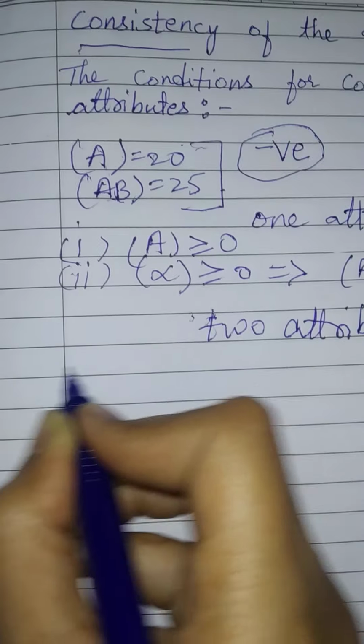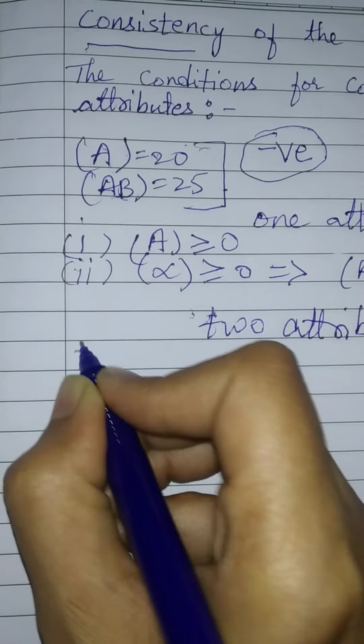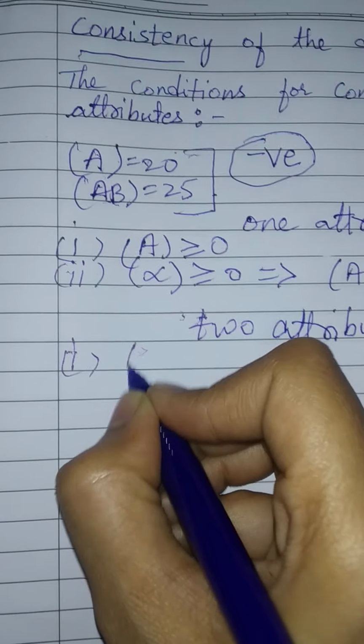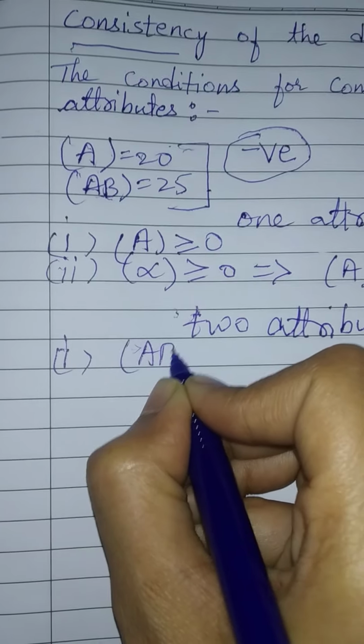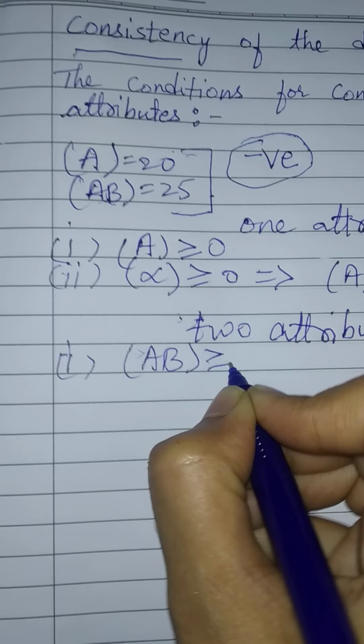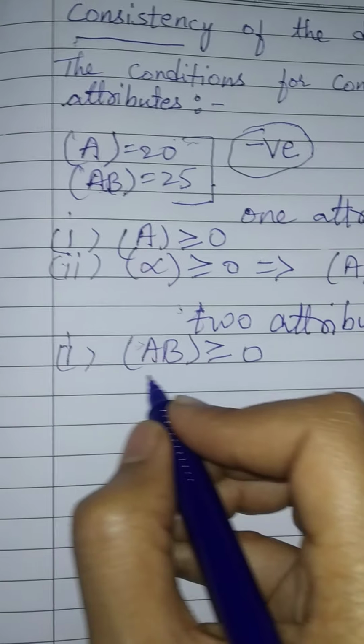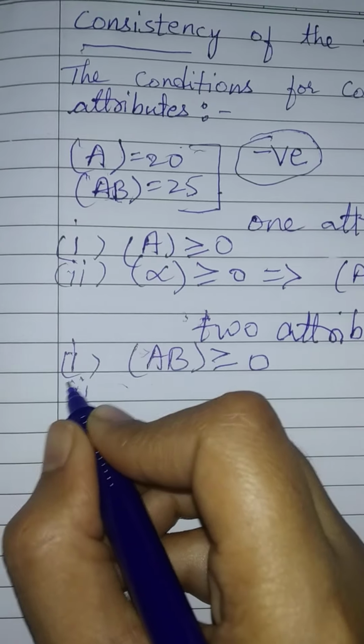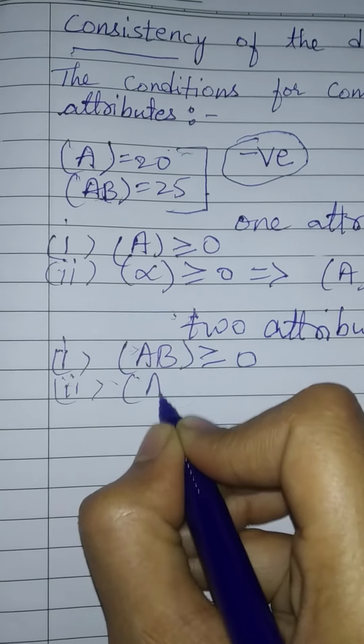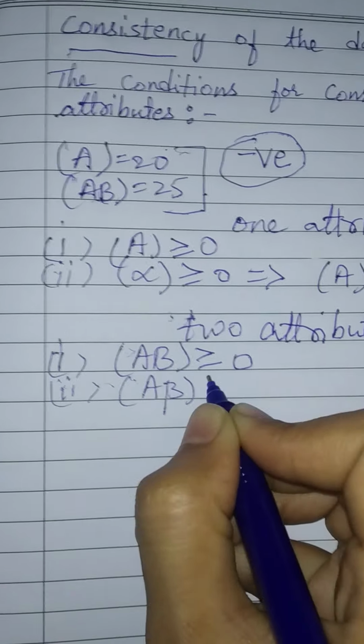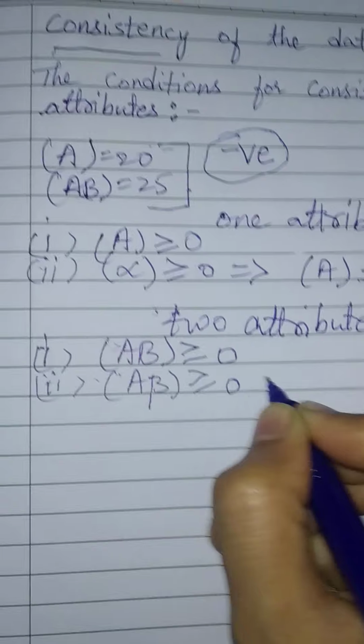For two attributes, the first one is class of AB greater than or equal to 0. Or the second one, A beta greater than or equal to 0.